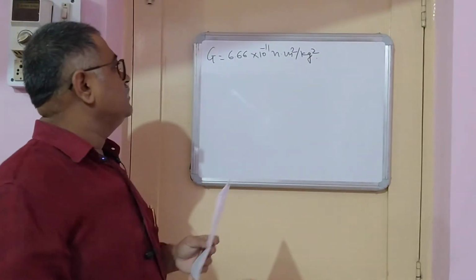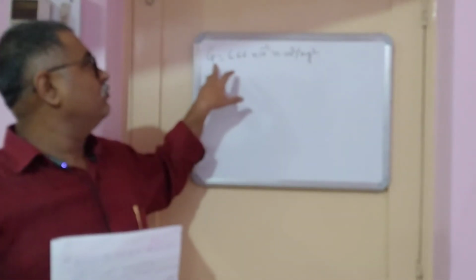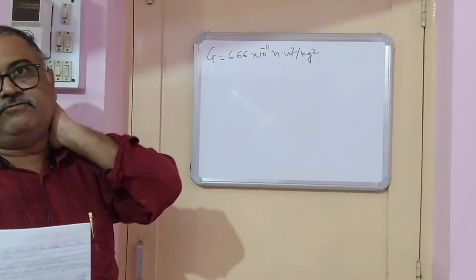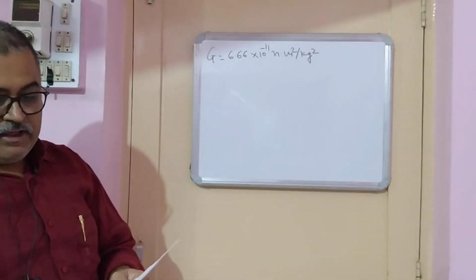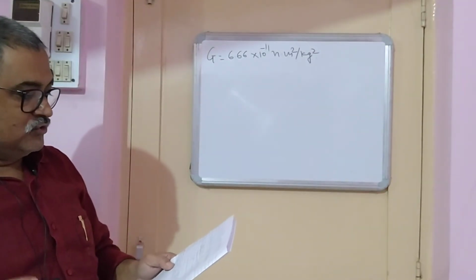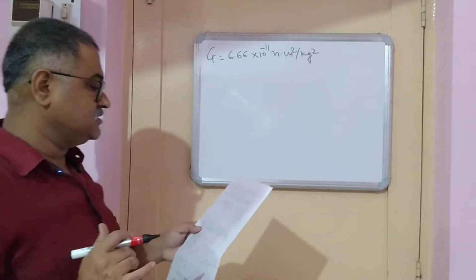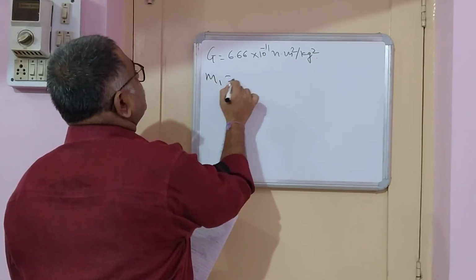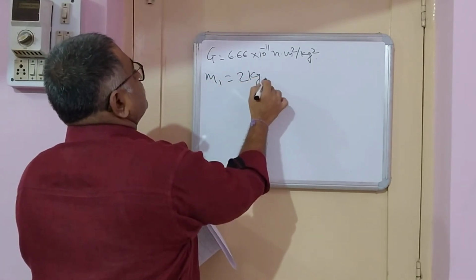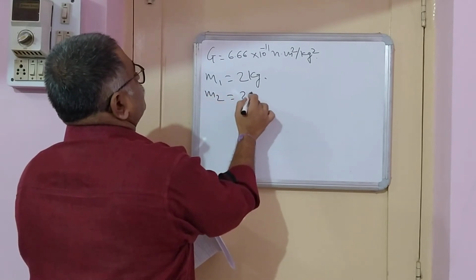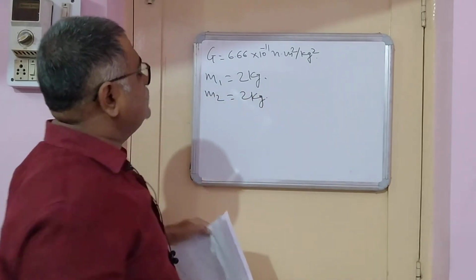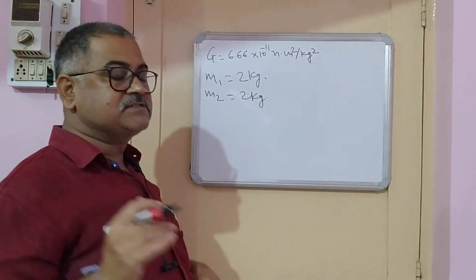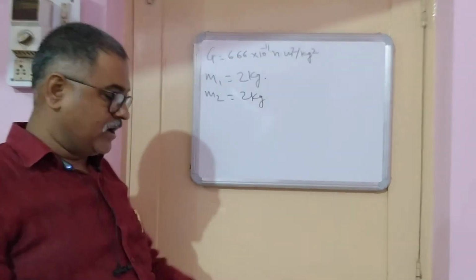Here the value of gravitational constant is given in SI units. And what is the force between two small spheres weighing 2 kg? M1 is 2 kg, M2 also 2 kg, placed at a distance 30 centimeter apart.